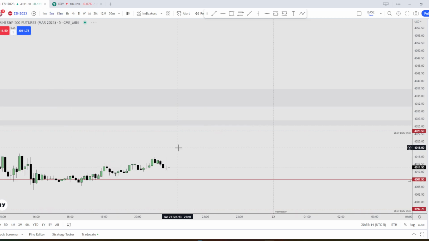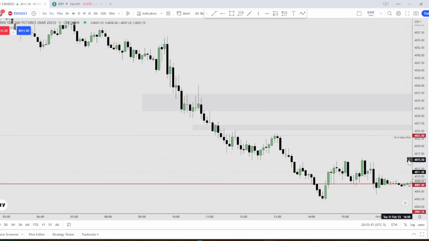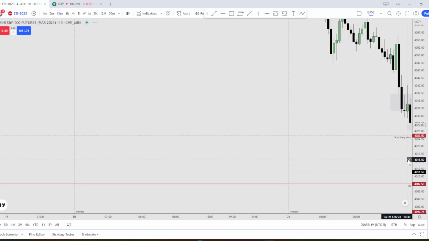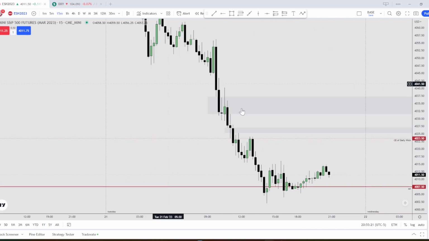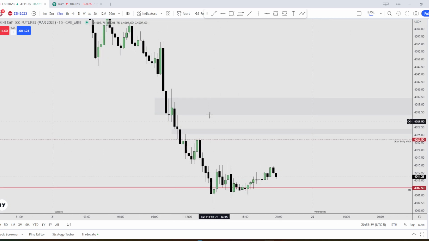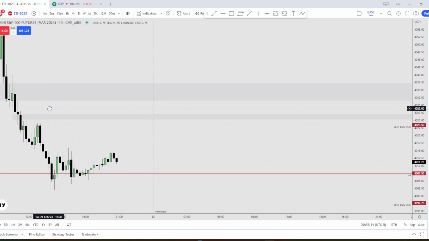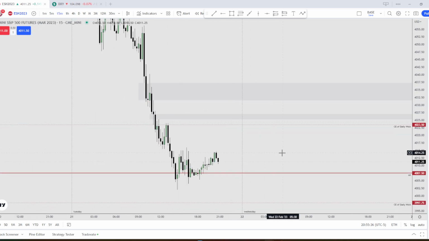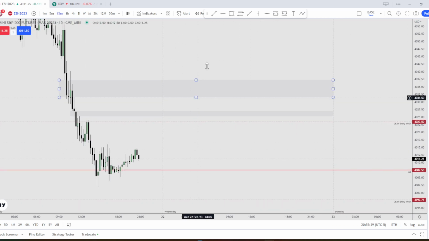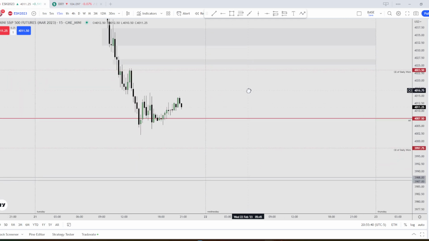Nothing on the 15, nothing on the 5 either. Right, so this is a little bit tricky because I'm looking for lower time frame fair value gaps nested within these two areas, but can't seem to find any. So I'll just leave it here. Right, what I'm expecting is, as I mentioned before, I'm going to draw it one more time.